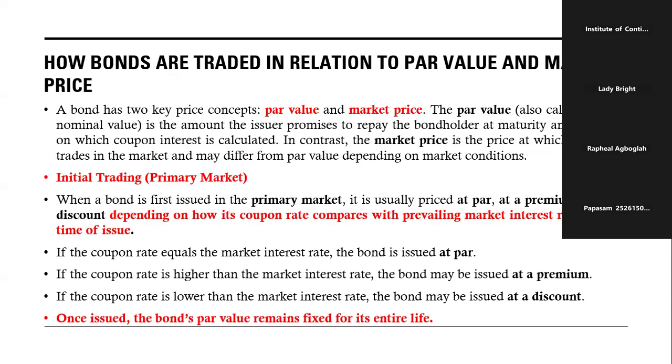The market interest rate is what other bonds being traded are running on. If the coupon rate is higher than the market rate, the bond is trading at a premium. If the coupon rate is lower than the market rate, the bond is trading at a discount.